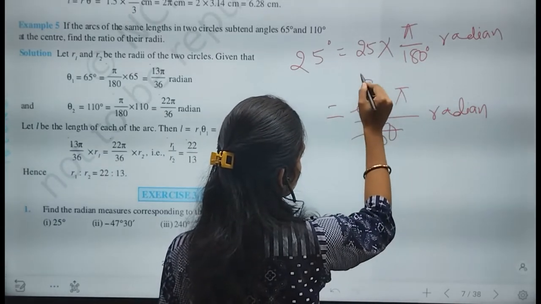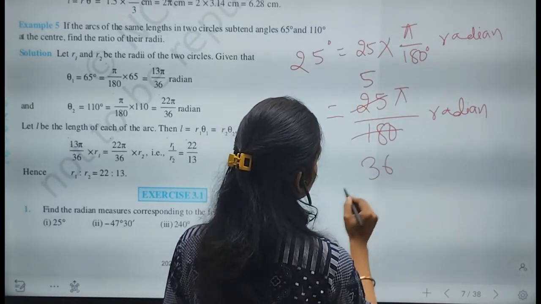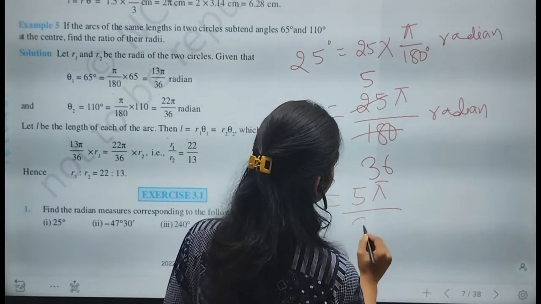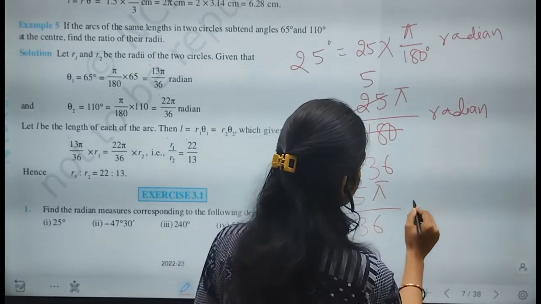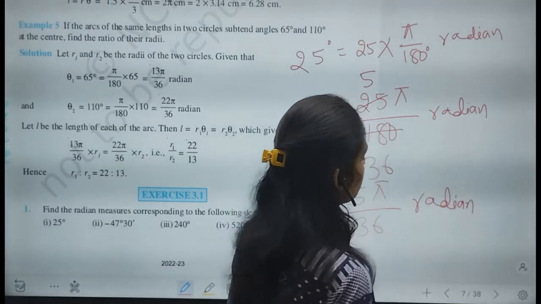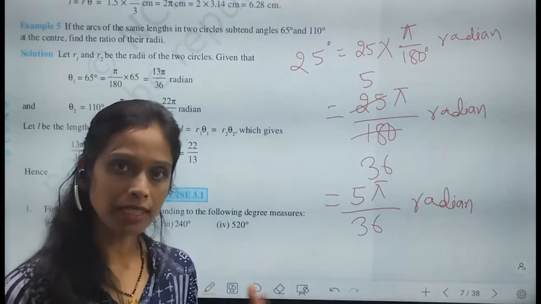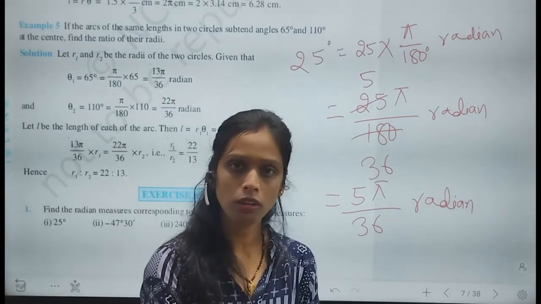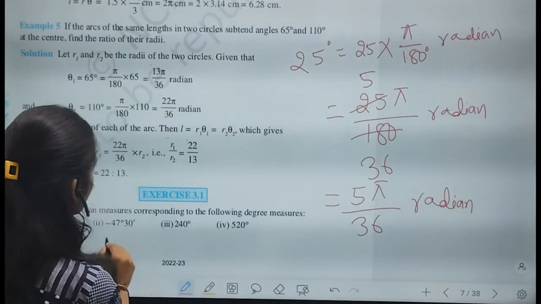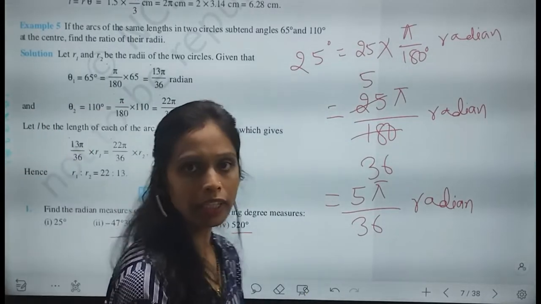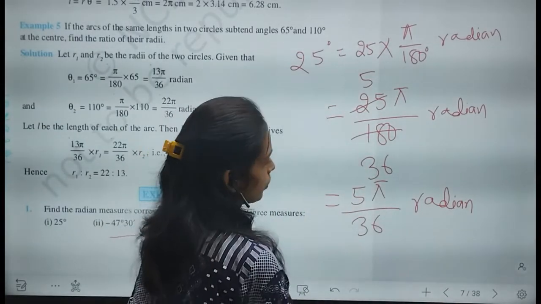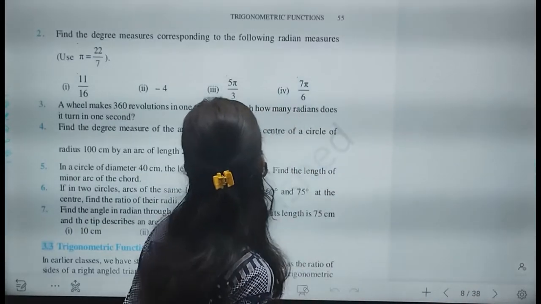Then you cancel it out, and the answer will be 5 pi by 36 radian. In this way, you can convert a degree into a radian. There are also questions like this, so convert them accordingly and practice at home. Now, the next question.